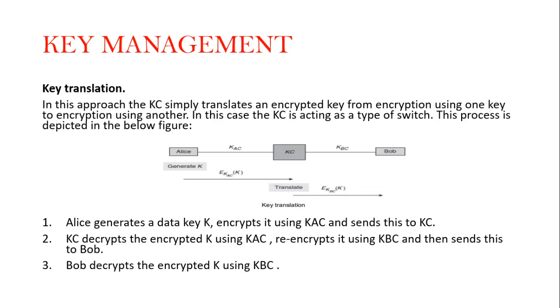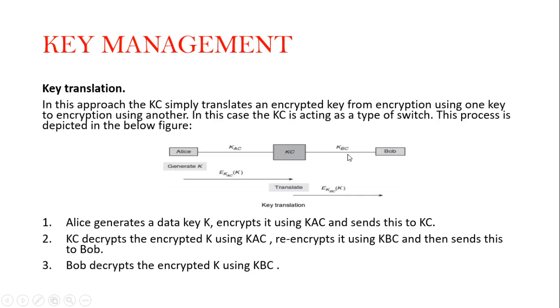In this approach, the key center simply translates an encrypted key from encryption using one key to encryption using another. Here Alice transfers its key, that is key AC, to the key center, and from the key center it is transferred to something else.